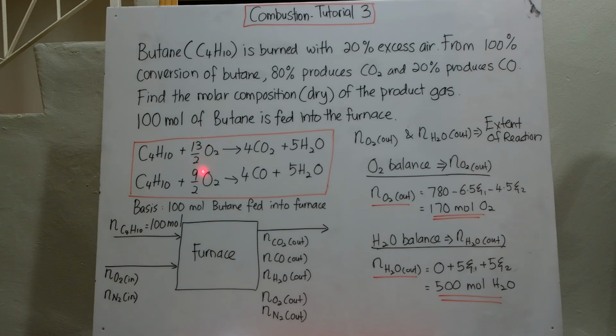So this is 6.5, this is 4.5. When you do the calculation, you get the unused O2 that goes out into the product stream is 170 mole O2.